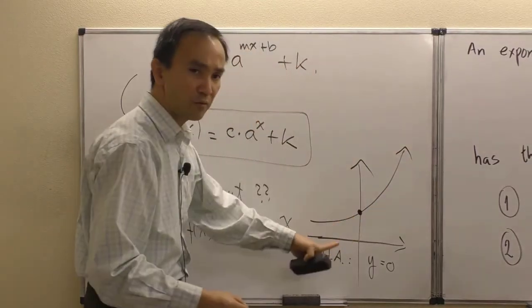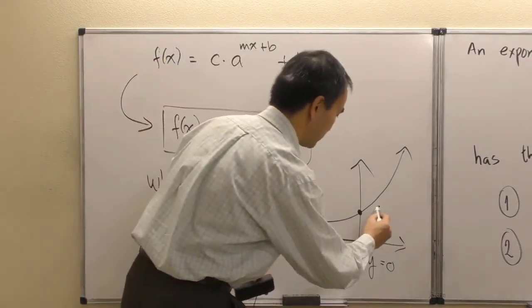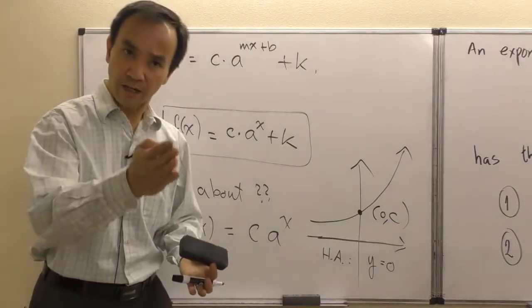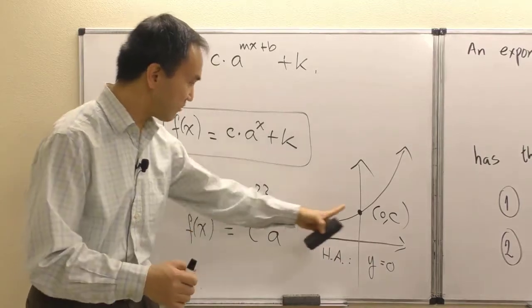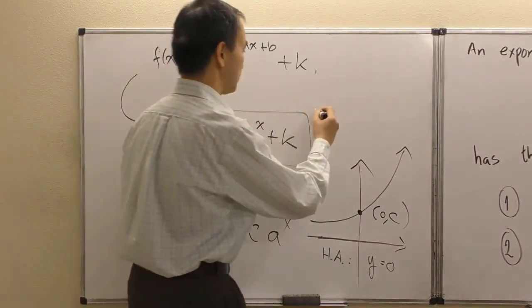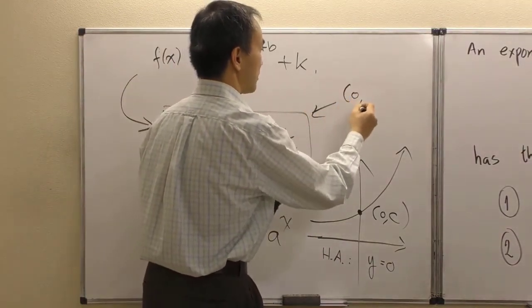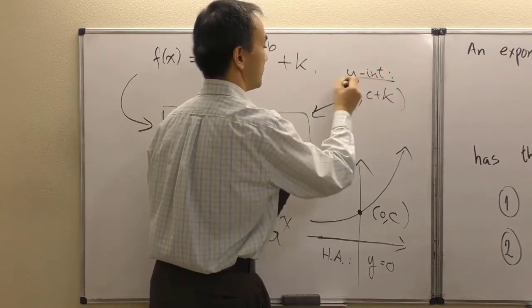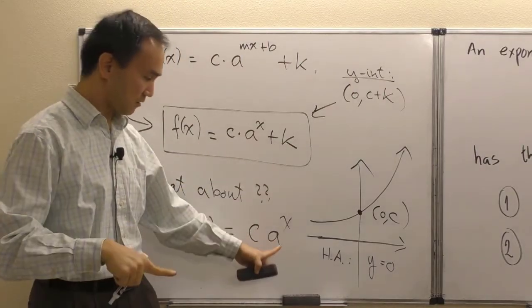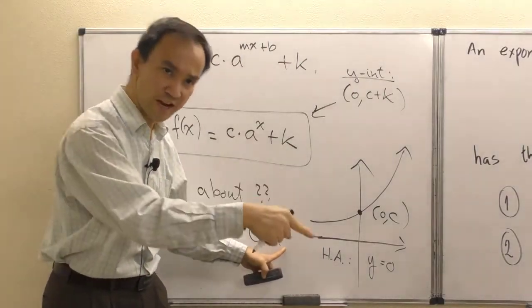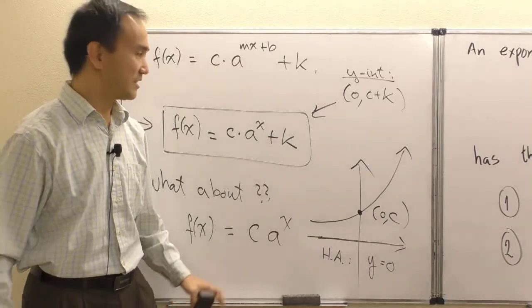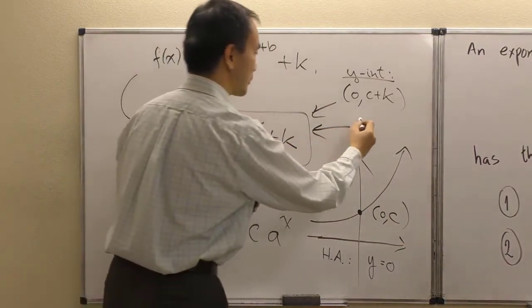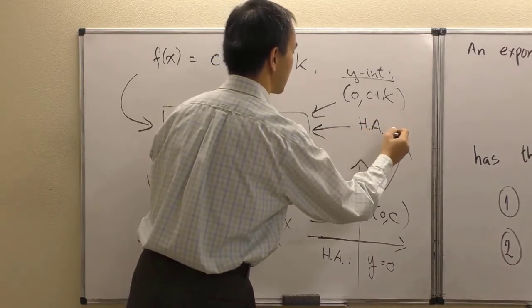I'm only drawing one representative version of that. The y-intercept is 0 comma c, technically 0 comma c + k for the general version, but our k here is 0, as I pointed out earlier. And the horizontal asymptote for the general version happens at y = k, but k equals 0.